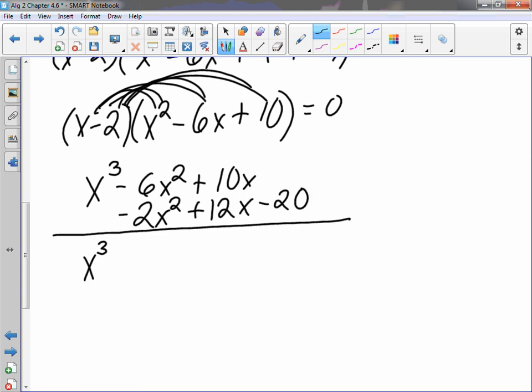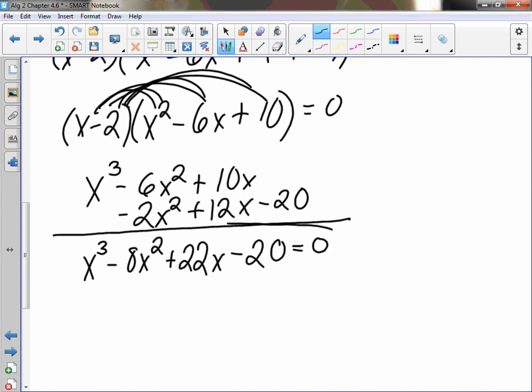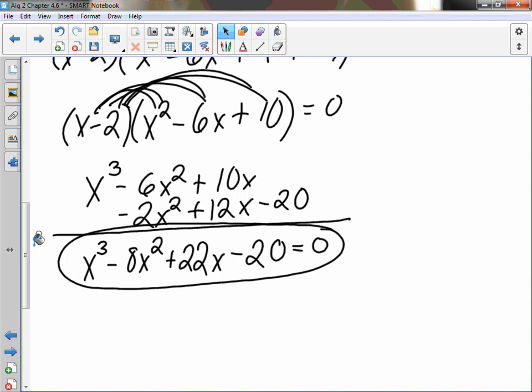Negative 6x squared plus negative 2x squared would be negative 8x squared. 10x plus 12x would be plus 22x minus, and we get this here. Any questions on any of this here? Any questions on anything we've done so far with this here?